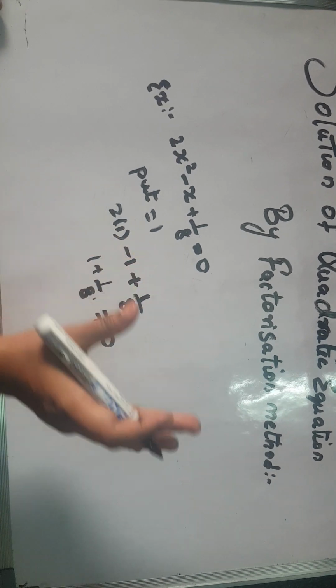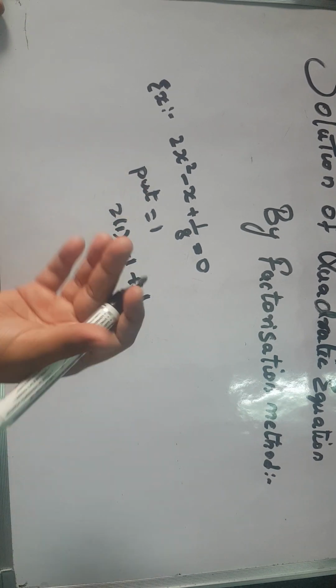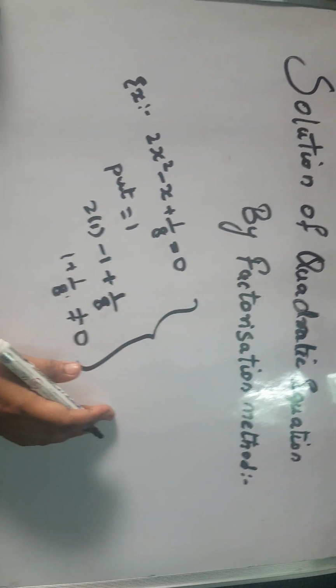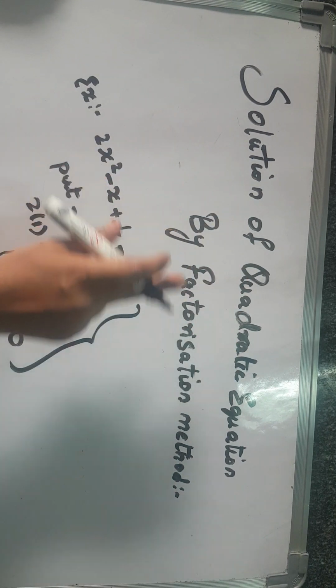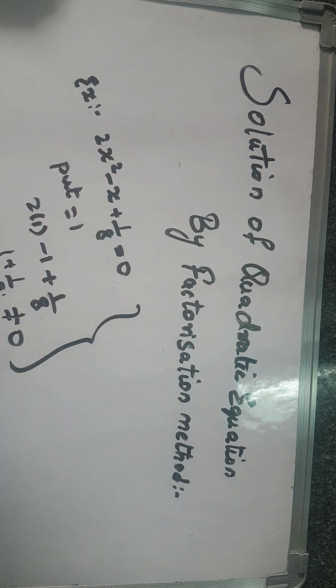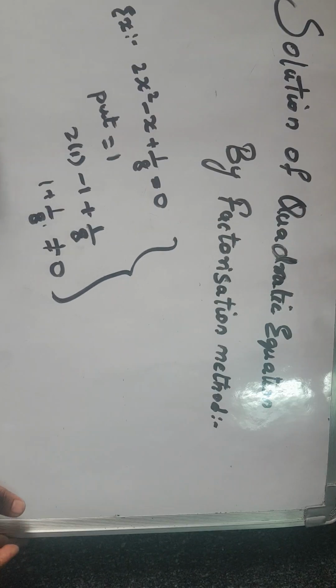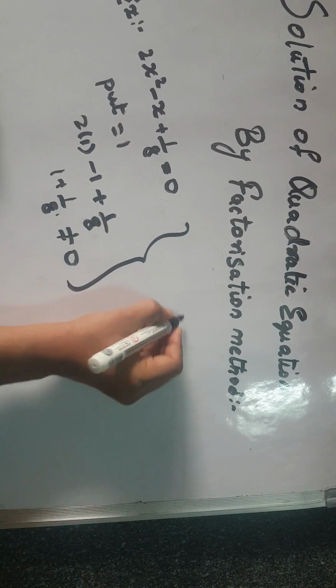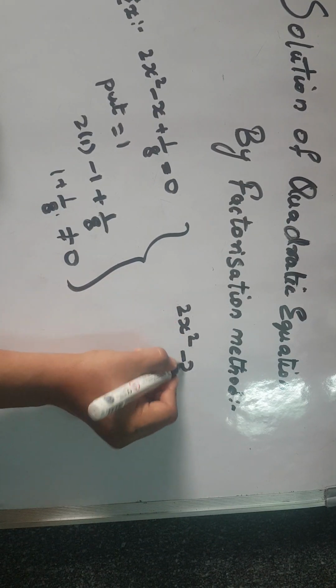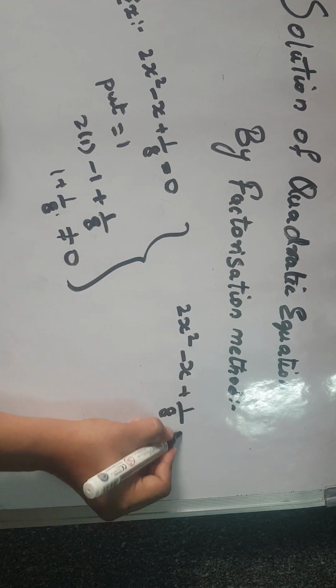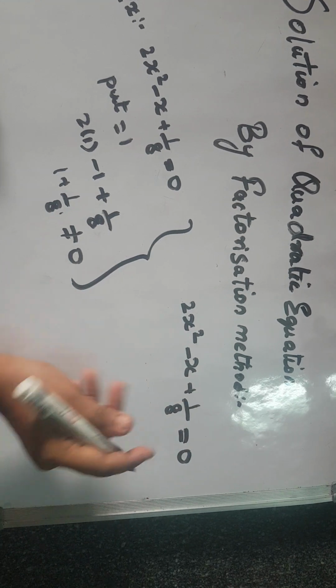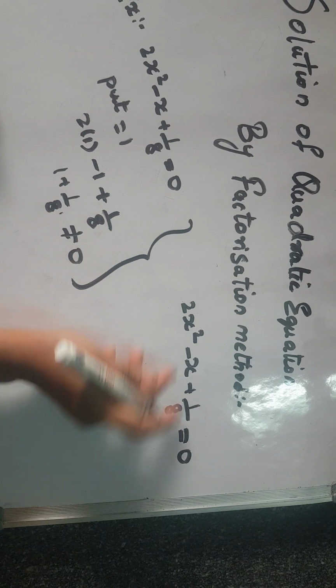For this tough problem, we are finding the solution of the quadratic equation by the factorization method. If this question has been given, how can we solve it? 2x square minus x plus 1 by 8 equals to 0. Now take the LCM of these values.